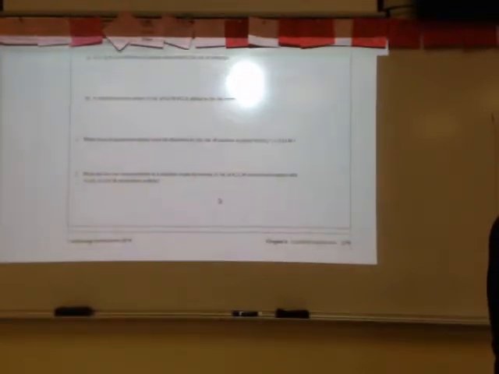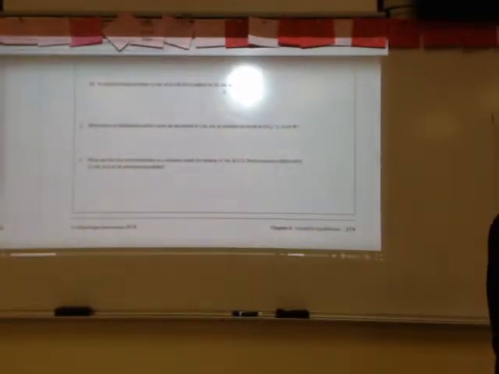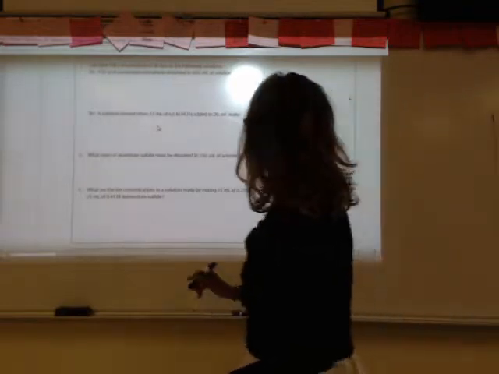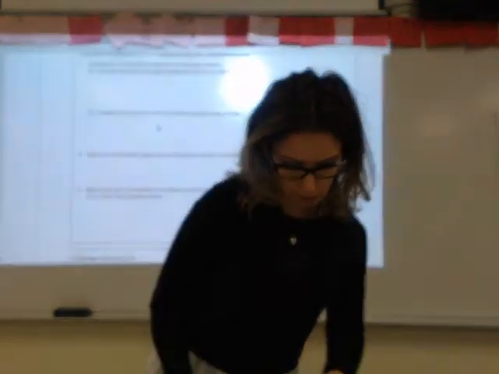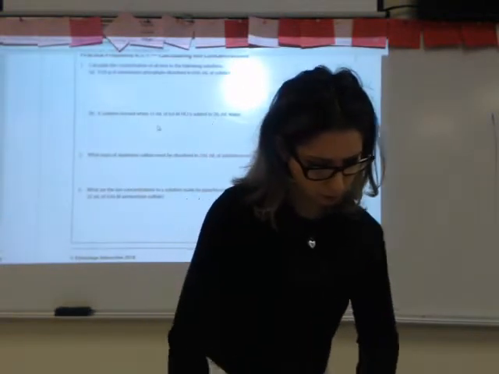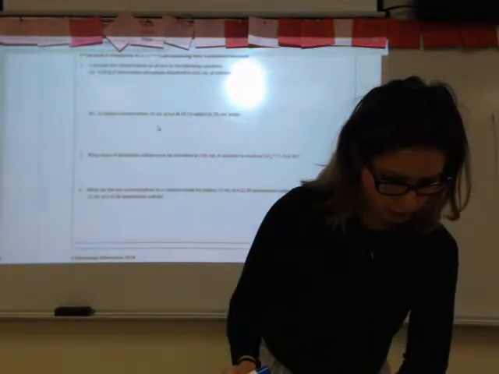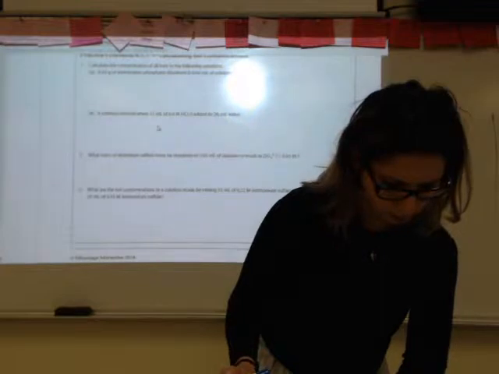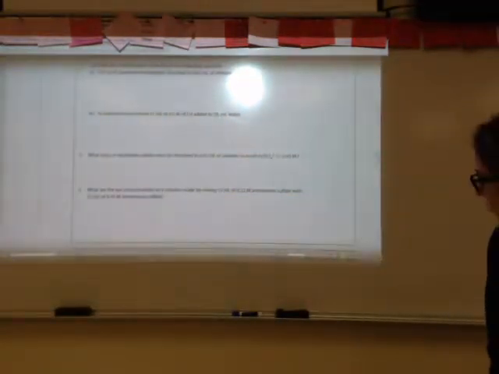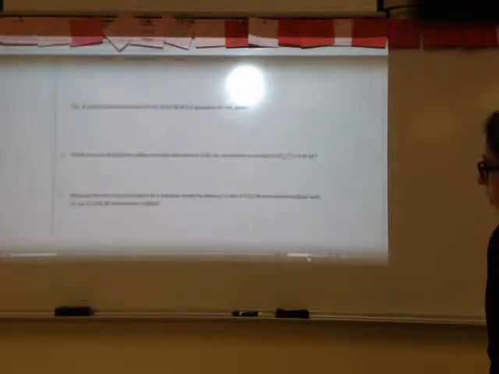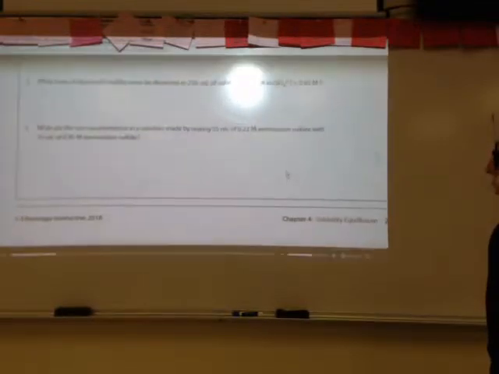Actually, instead of 1B, why don't we take a look at 3? I think 3 would be better. Let me make this a little bit bigger for you and bring it up here.